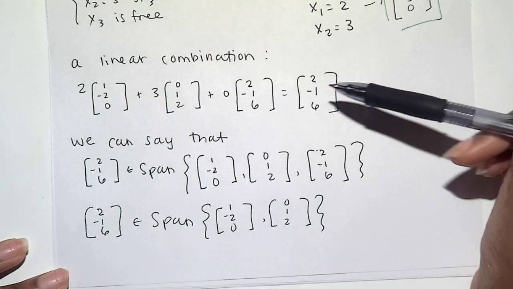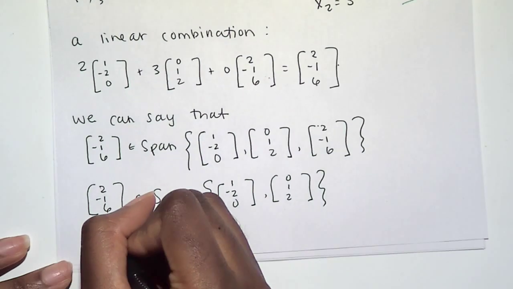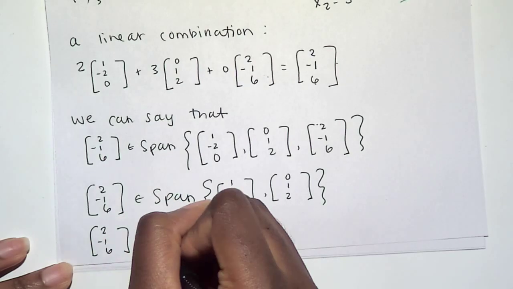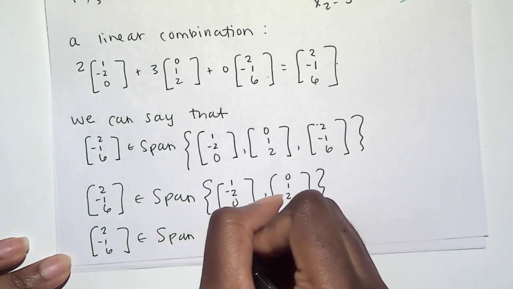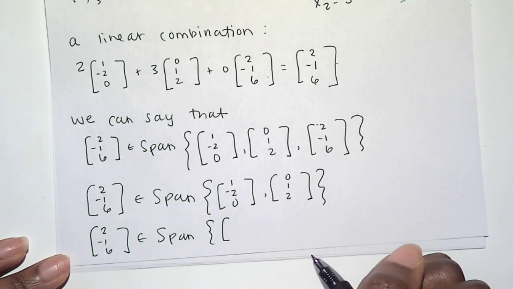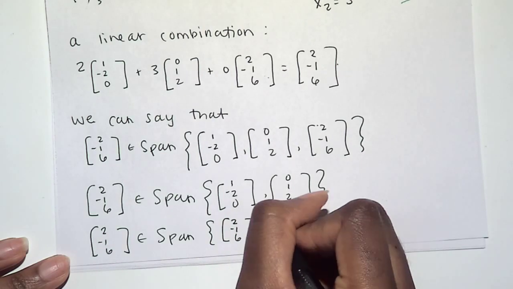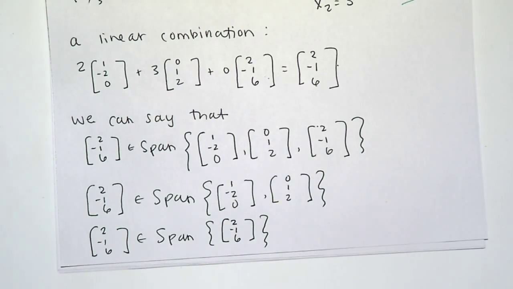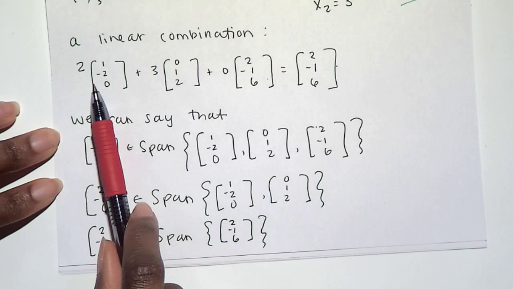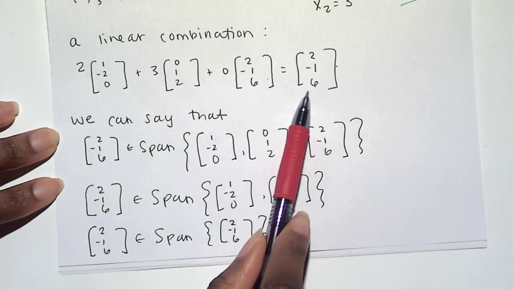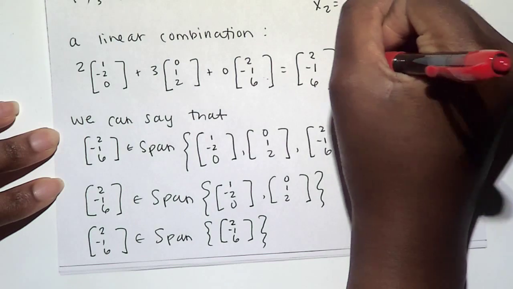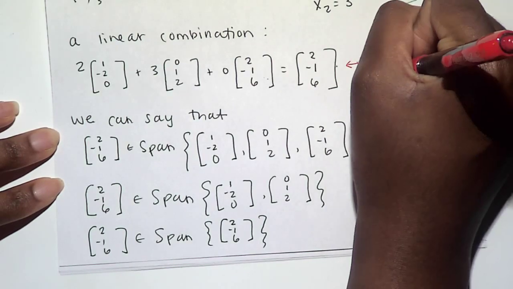Also, our b is the same as one of these, so it's in the span of itself. All right, and so that would be the end of the section on spans. One more thing that I want to point out, if we haven't mentioned already: when we set up something like this with scalars in front of vectors and set it equal to something, this is called a vector equation.